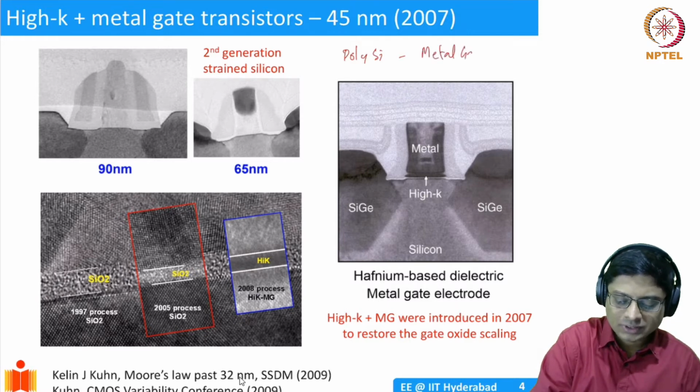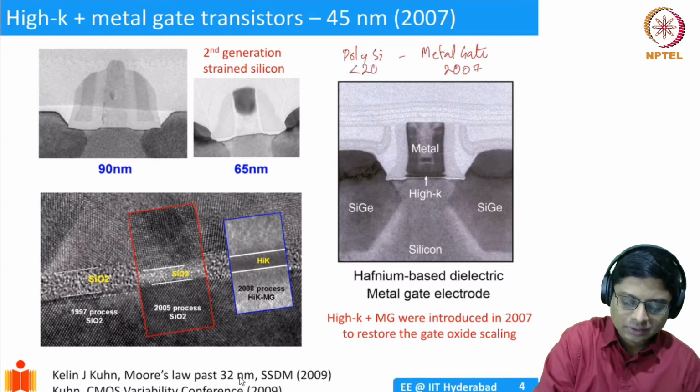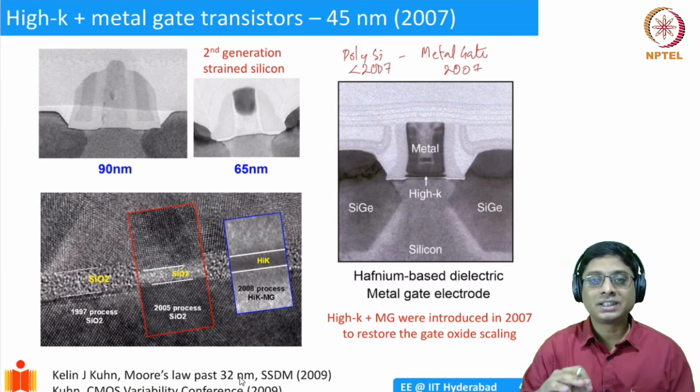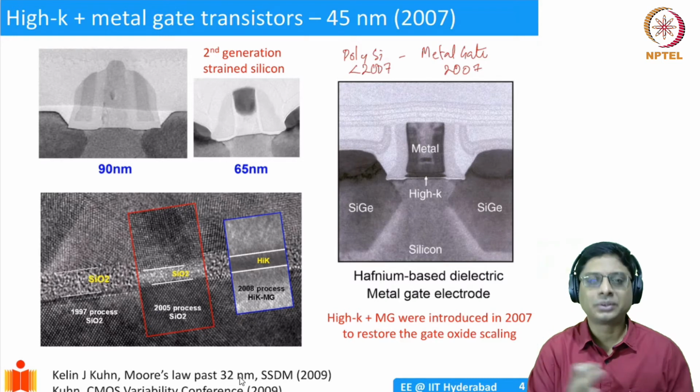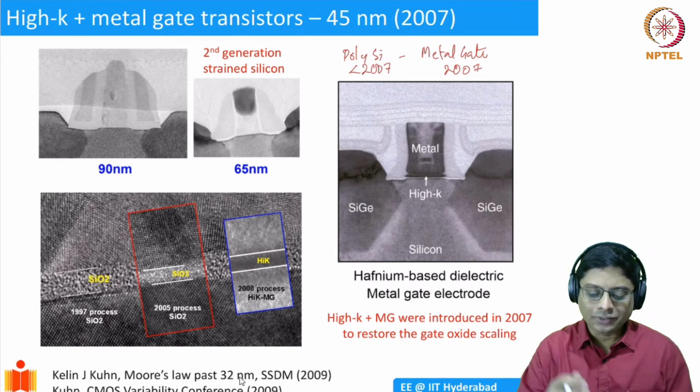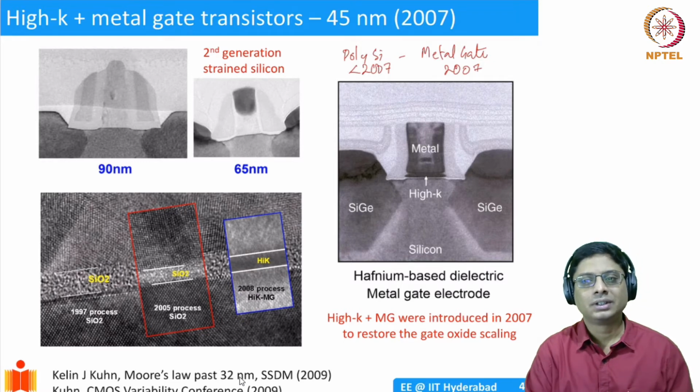So that's why this is called the high K metal gate process. This was in 2007, and this is before 2007. Remember, originally in the 1960s and 70s, it was metal gate, but then we changed over to polysilicon gate for adjustment of the VT and so on, and also some lithography related issues. And finally, in 2007, we went back to the metal gate.